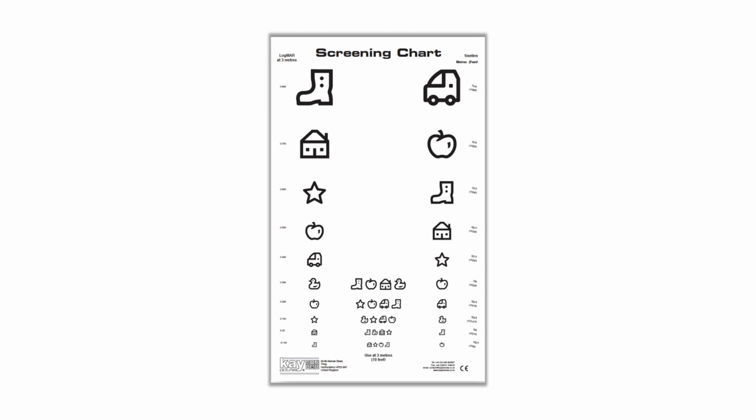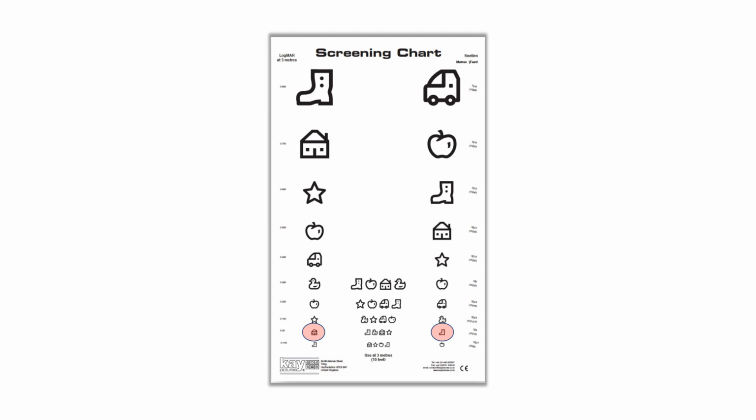Now let's assume that the child sees all the way down that column until they get to the house, but they get that one wrong. So you ask them to look at the boot at the same size, but they can't see that one either. So you know that they've seen the star above the house.